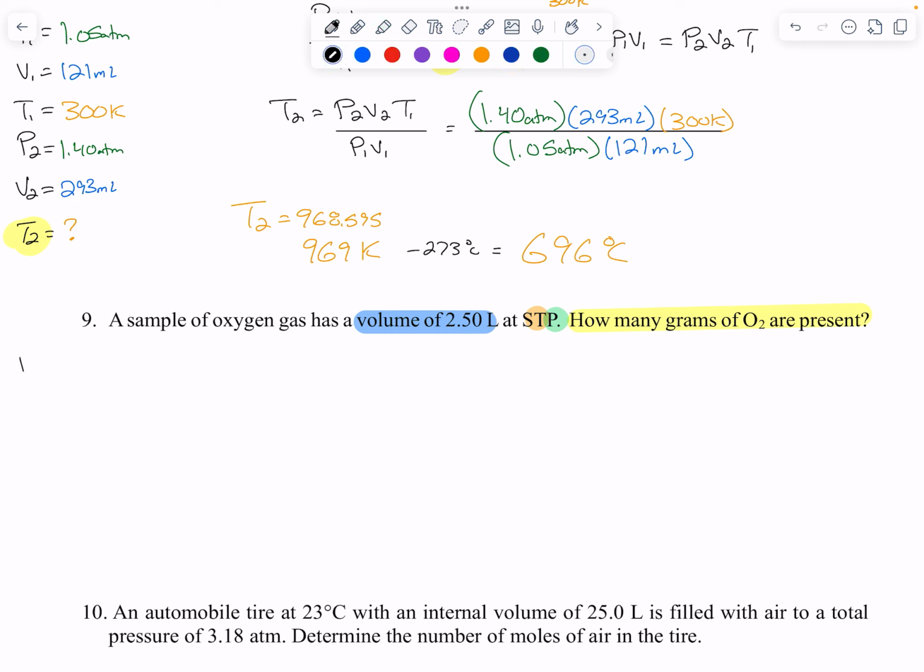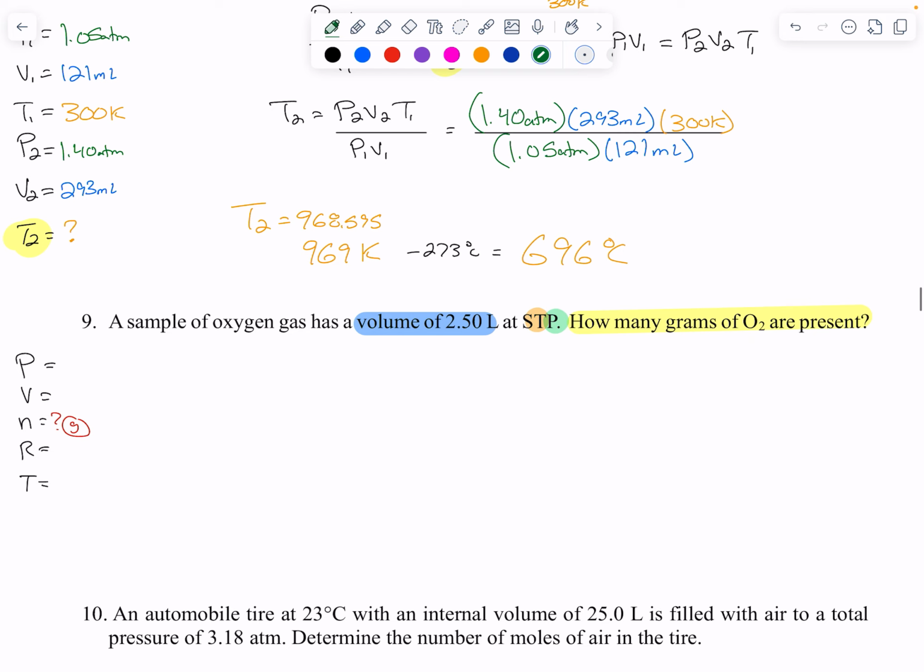And so if I do PV equals nRT, I don't know n, but I'll have to make that in grams. I know P. P is 1 atmosphere. Standard pressure. V is 2.50 liters. R, of course, is R. And T, 0 degrees Celsius or 273 Kelvin.